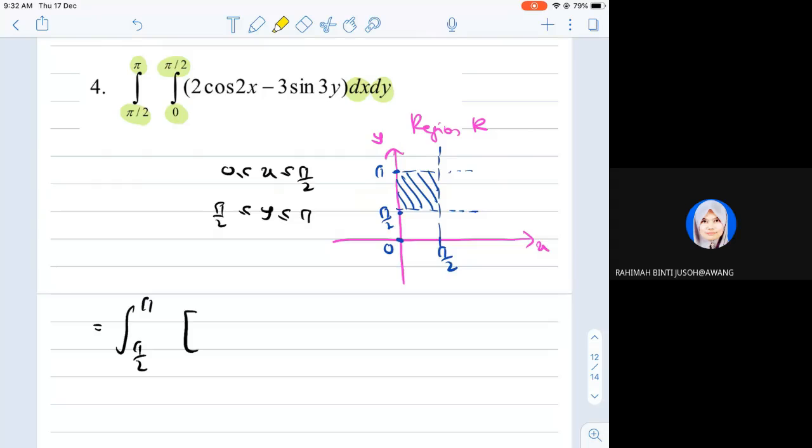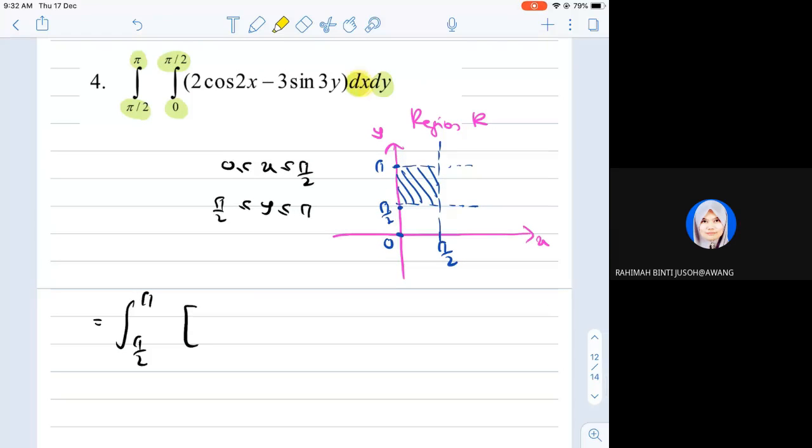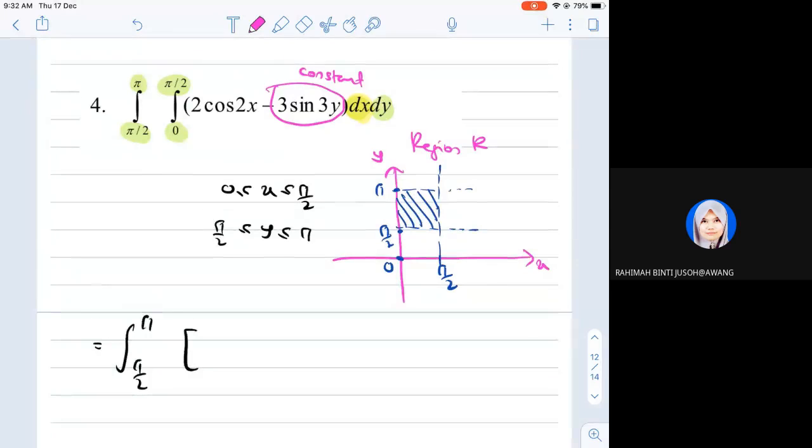Listen here carefully, guys. Now we want to integrate with respect to x. So x is the variable, therefore the whole thing here, with y, becomes just a constant, because we integrate with respect to x. So the second term, you treat the whole thing like a number, like the number 10. You can assume like that. Okay, so let us do one by one here now.